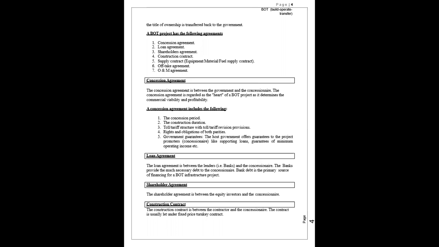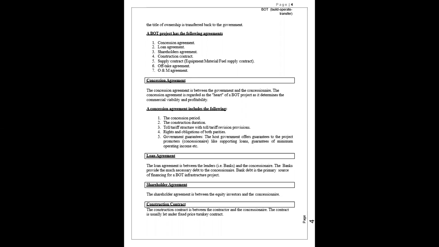First agreement is concession agreement. Second agreement is loan agreement. Third agreement is stakeholder agreement. Fourth agreement is construction contract agreement. Okay. Fifth one is supply contract agreement.